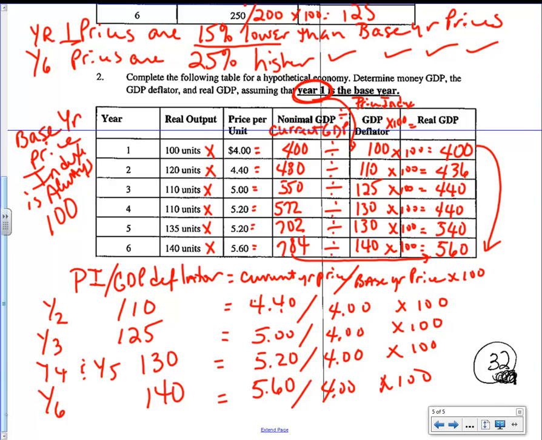So we know that difference is not all growth in products, and a lot of it is the difference between paying $4 for the product in year 1 and paying $5.60 for the product in year 6. Same product, same quantity, same everything. It's just that the price of the product has increased.